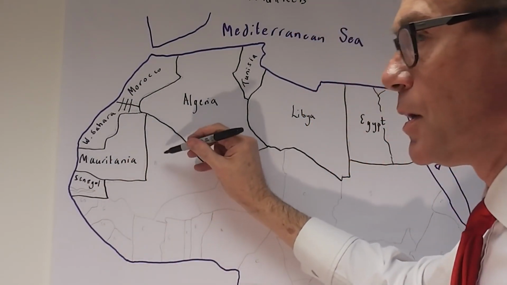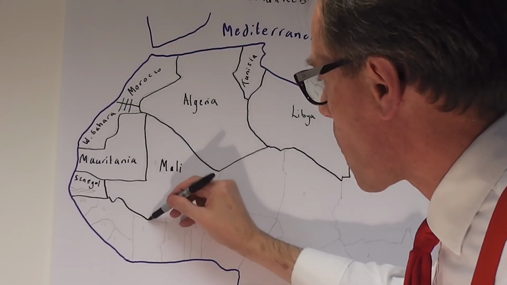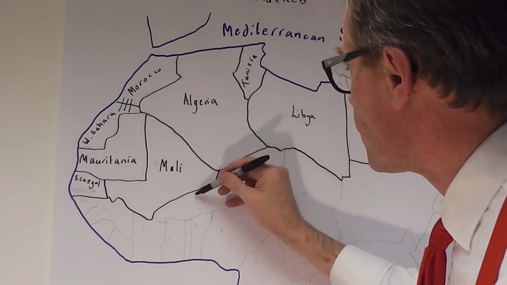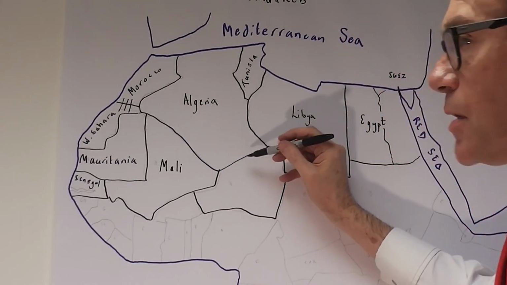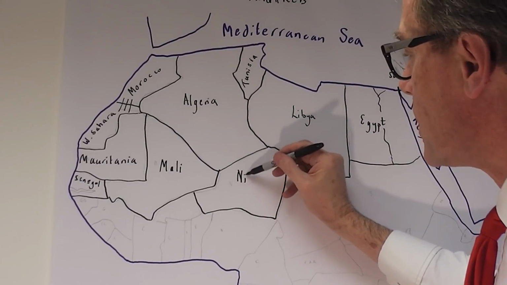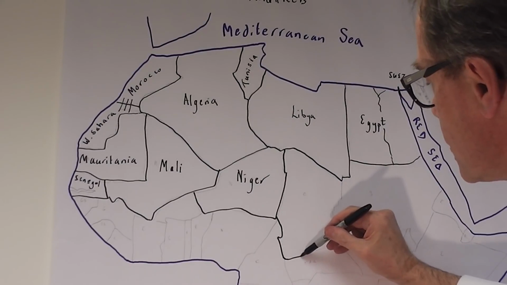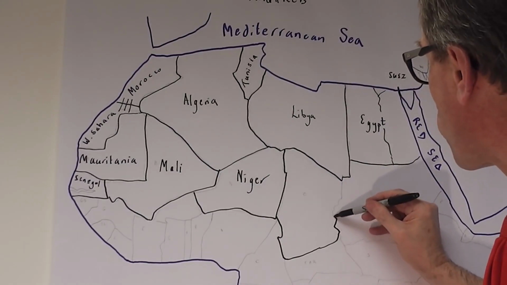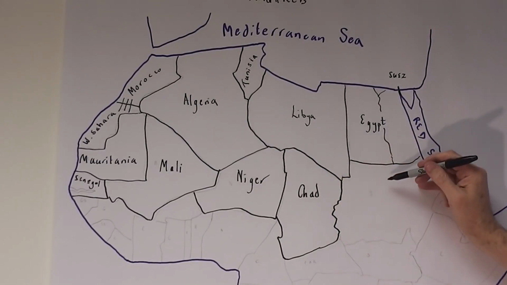And then we come to this large country of Mali. And then next to Mali, this large country, Niger, and then next to Niger comes Chad.